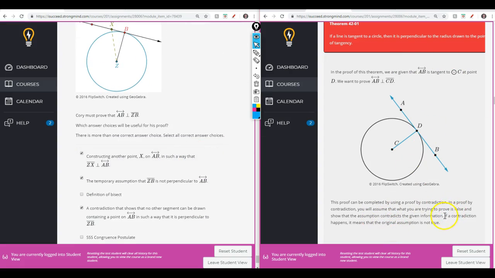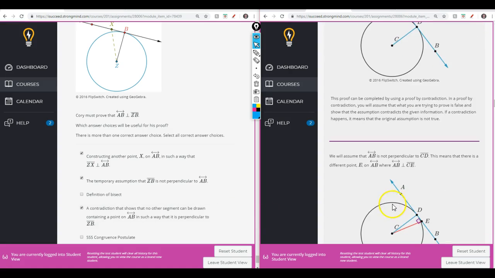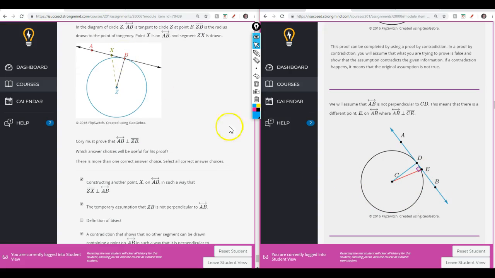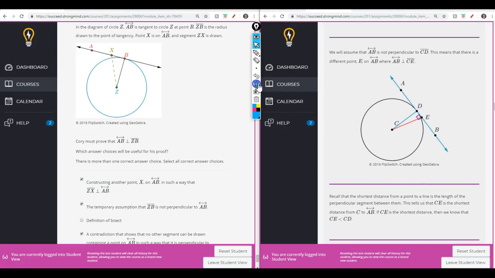This one says we are going to do it by a contradiction, and then you can actually see the pictures and how it's similar to yours. Right here, this is point C, which is similar to our point Z. So anywhere I saw a C, I would just, in my mind, replace it with a Z. And so I could draw that similarity from the proof that is given and laid out in the lesson to the proof that I'm using here. That's how I would use the lesson's examples to help me with this.